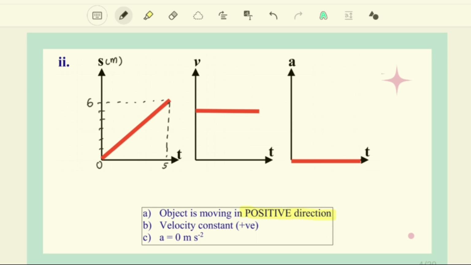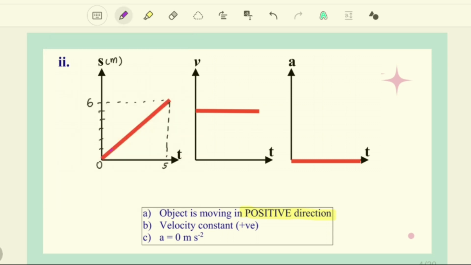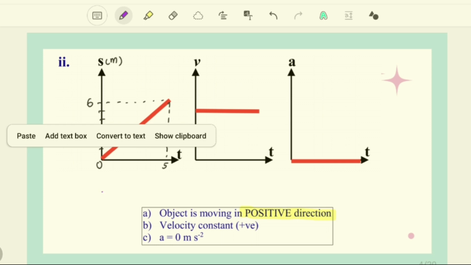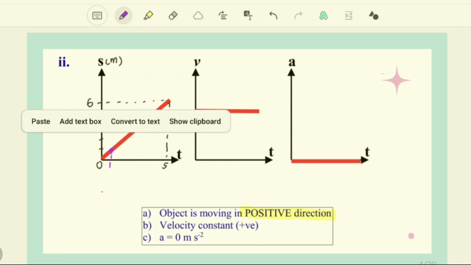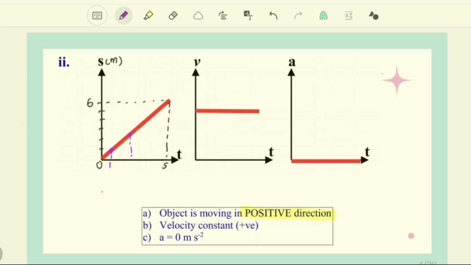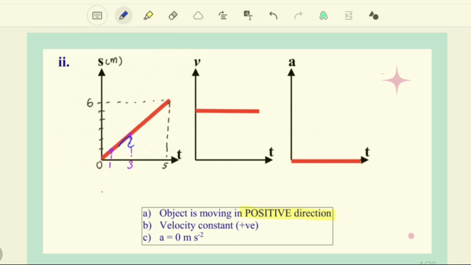Now let's look at the gradient of the graph. When we try to calculate the gradient, let's say here at 1 second, and at this point, let's say 3 seconds. What is the gradient? You can see the gradient of the graph at 3 seconds and 1 second is the same.